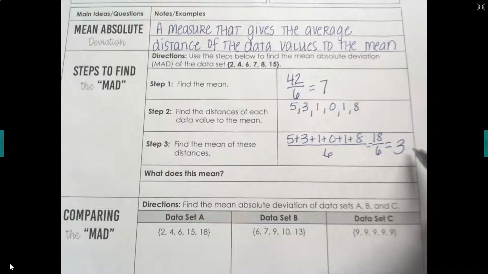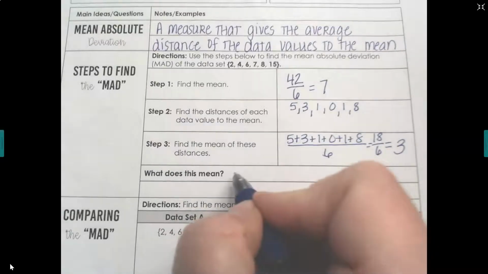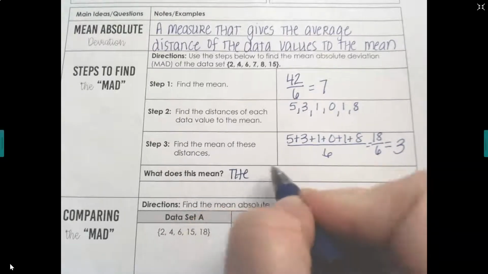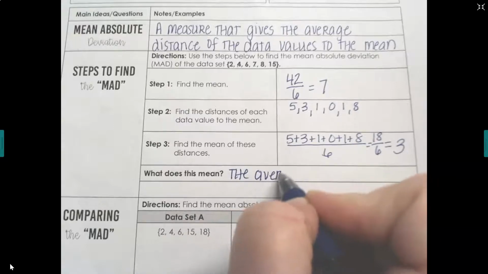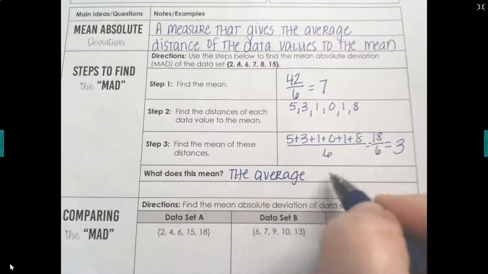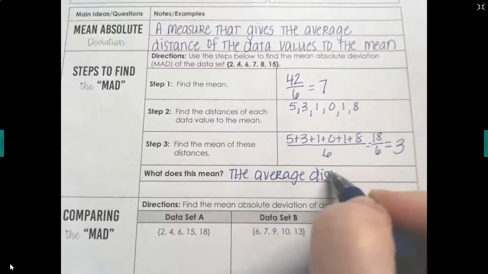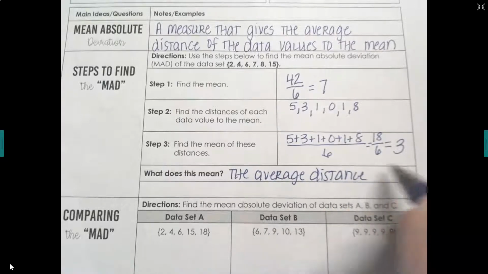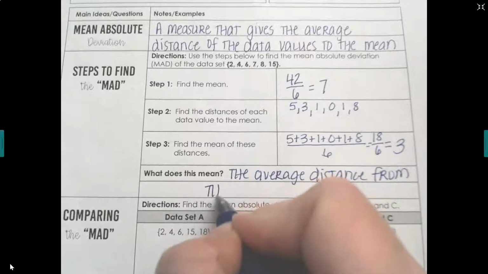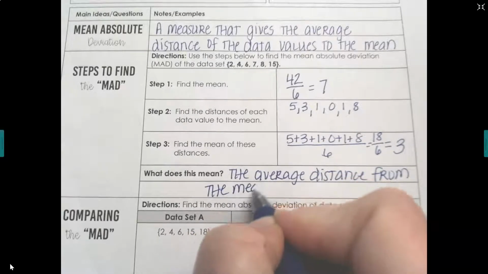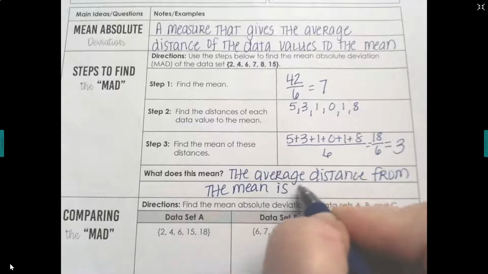So what that means is the average distance from the mean is 3.